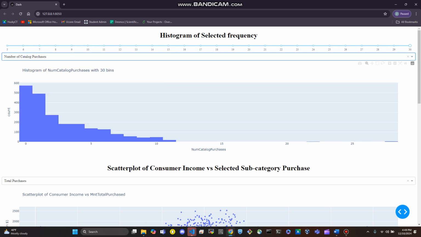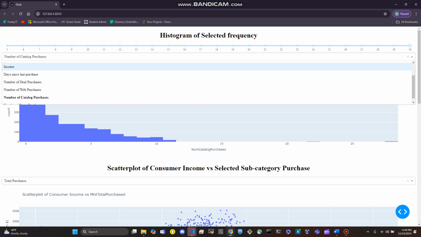And we can take a look at the catalog purchases as well. We notice that maybe catalog purchases aren't the most popular, because most consumers have not purchased out of the catalog. So this might give some more insight into how to allocate proper marketing funds to which revenue stream.